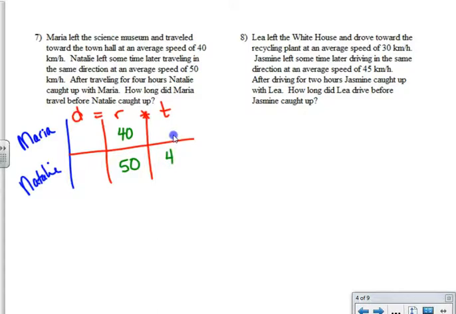So I think her time, we're just going to call it X, because they don't want to know how long the entire trip took for Maria. They just want to know how long she traveled before Natalie caught up with her. So we're going to call that X.